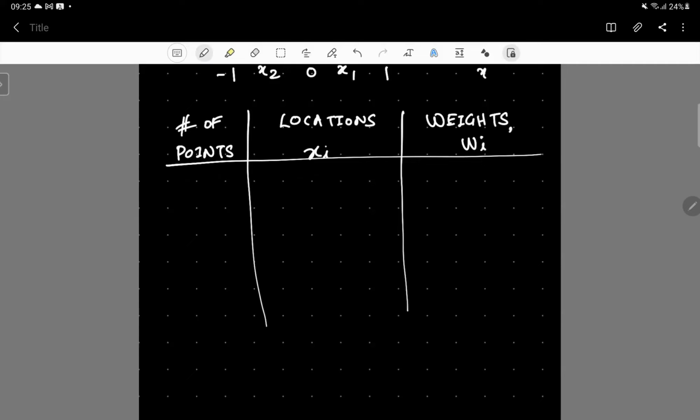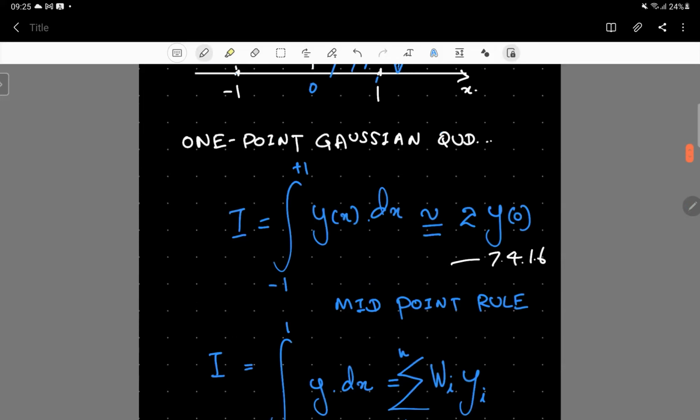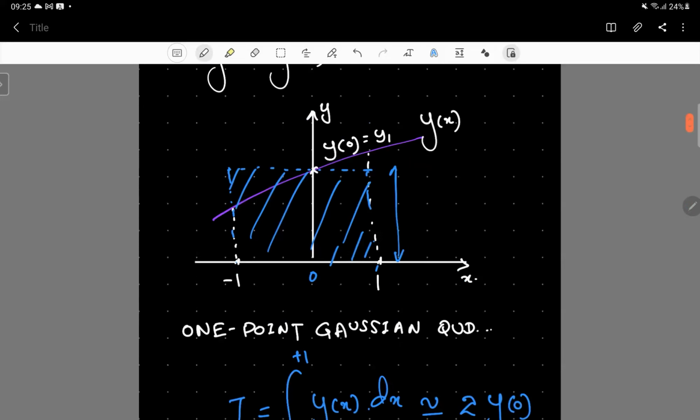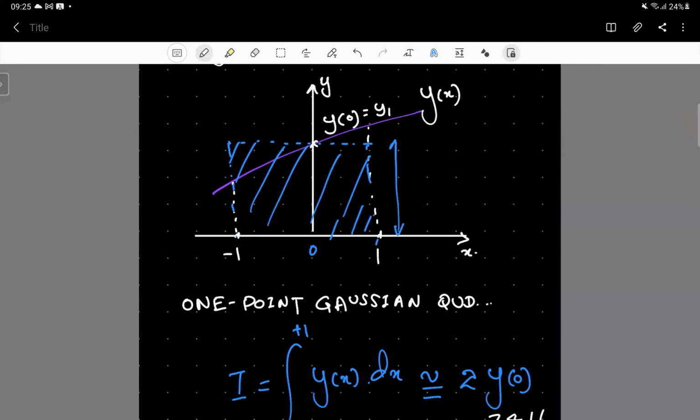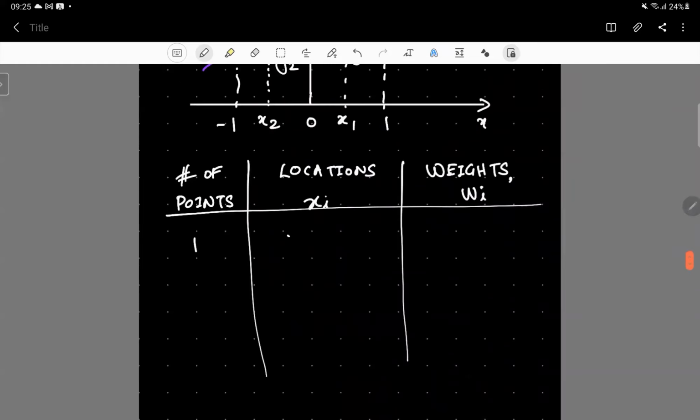Let's call them wi's. So if we have a single point, just like in the first case which we discussed, then the location of the corresponding x value we have to use is x1, since we have only 1 point, is 0.